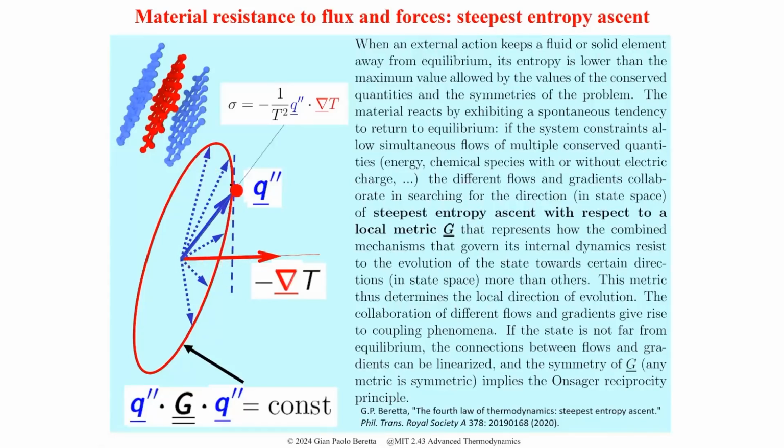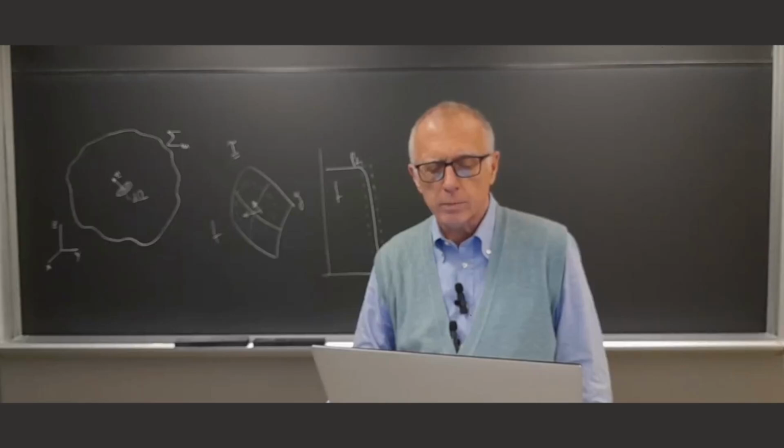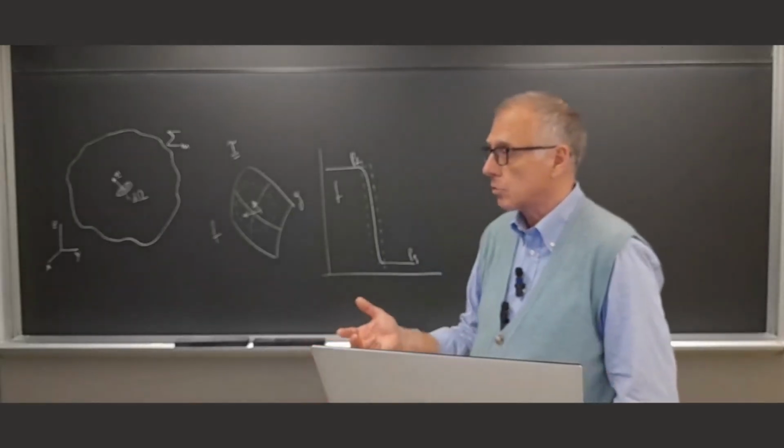So, for example, this blue one, the actual full one, not the dotted ones, is the one that has the maximum projection onto the red vector. So it maximizes among all these possibilities that have equal effort. The one that maximizes the sigma is this blue one. And that's the one that the material chooses.